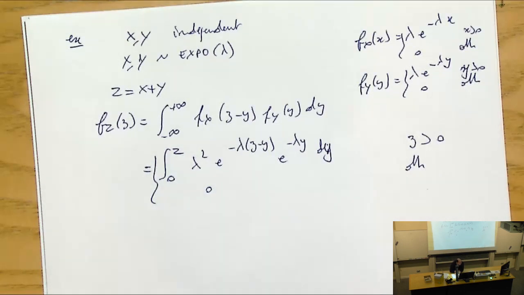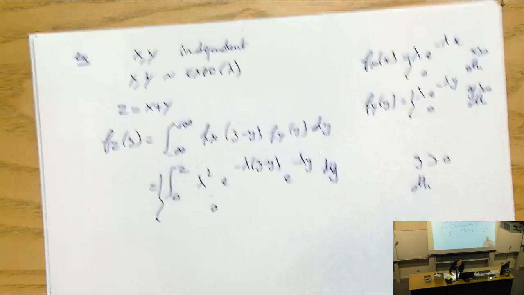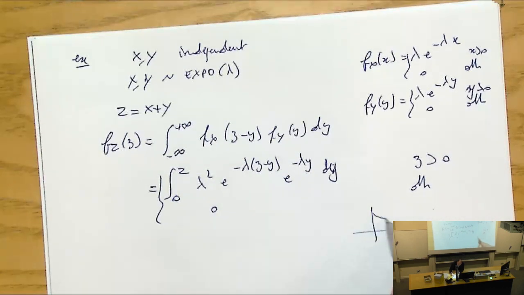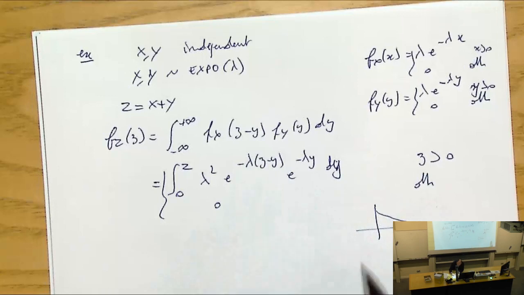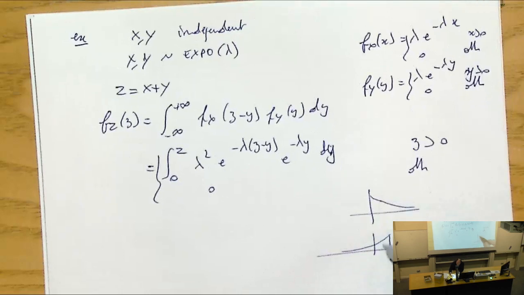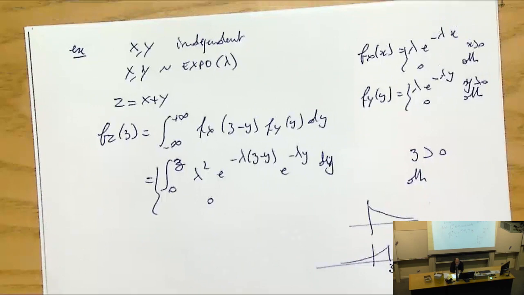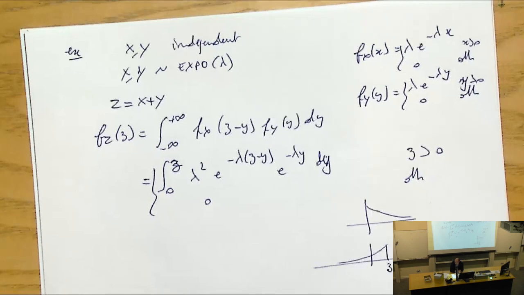Right, so what you do here, essentially, is a convolution. That term looks like this, that term here looks like this, with z. And you multiply the two and you integrate between 0 and z, right? So this is actually something you did in linear systems, convolution of two exponential functions.